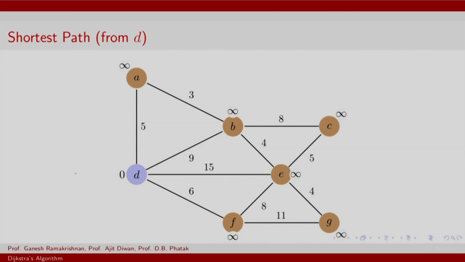So let us see the Dijkstra algorithm in action. We start with a source node D and we look at all its neighbors A, B, E and F. So recall that the shortest path to D was registered to be 0, whereas the shortest path to every other node A, B and so on is basically infinity, and this is exactly what the priority queue, the min heap, is going to carry in the beginning.